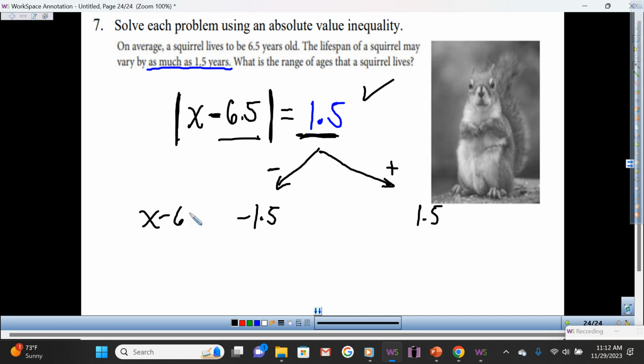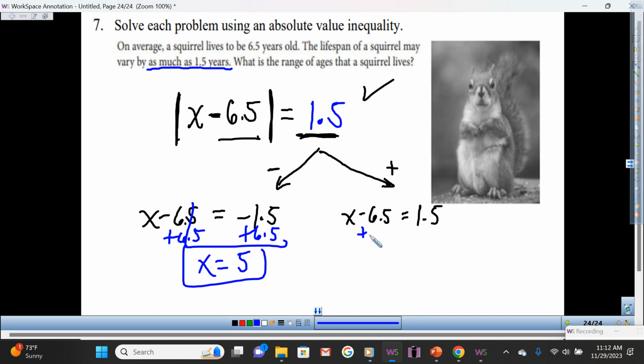X minus 6.5 equals negative 1.5, x minus 6.5 equals 1.5, and we solve. So plus 6.5, plus 6.5, x equals 6.5 minus 1.5 is 5, plus 6.5, plus 6.5, x equals 8.